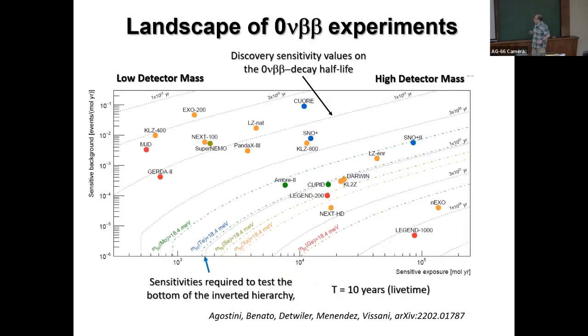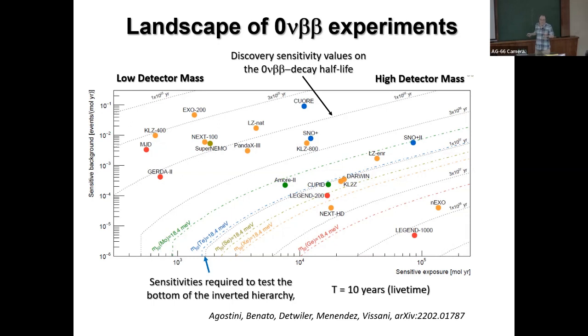Now I am going to be a little bit faster, but this is a plot that you have to revise very carefully. I am going to mention it very briefly: this is the landscape of neutrino-less double beta decay, considering the experiments, the current results, and also the future experiments. You are going from low detector mass to high detector mass, and in this direction the sensitivity is increasing.